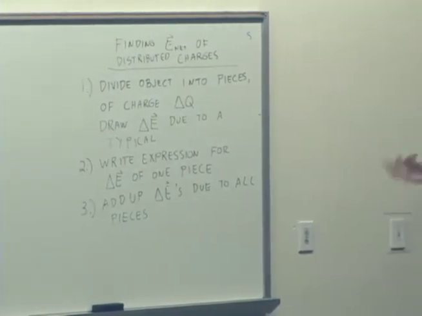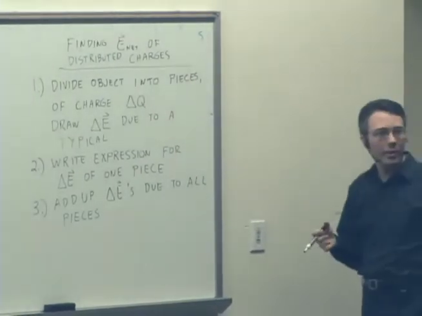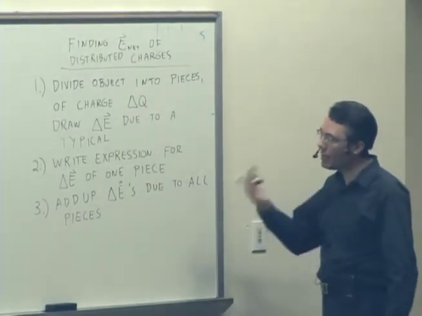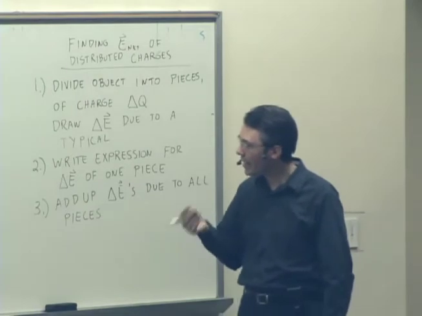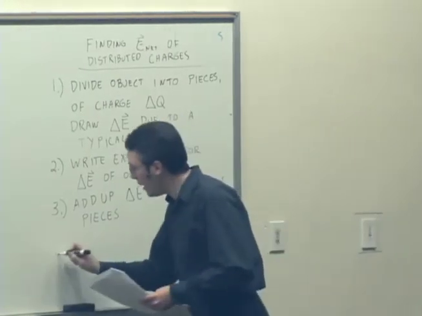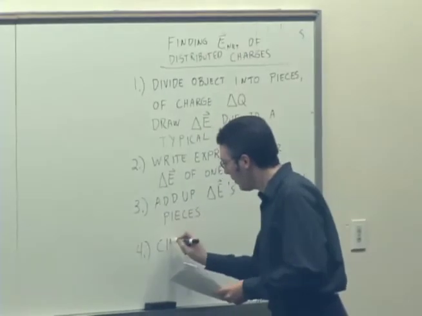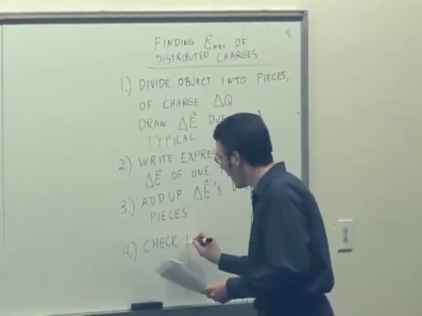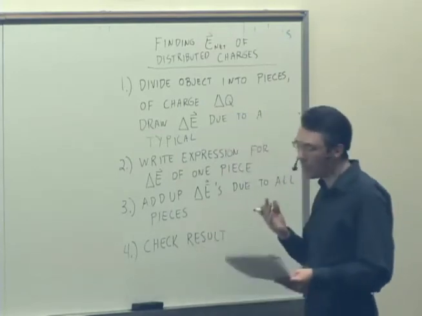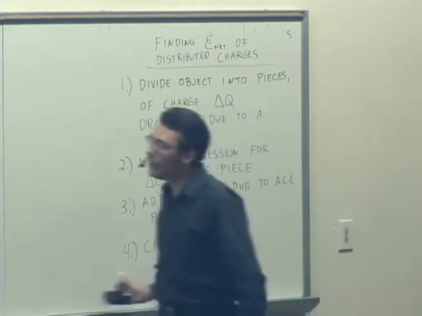We might just do a brute force calculation. We might tell a computer to do this repetitive calculation, or we might be able to come up with an analytic way of solving for a general expression. And then finally, check the result. There may be various ways that we can check to see if the result we get is reasonable. So let's try it.